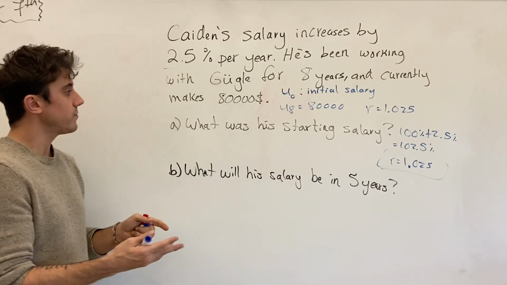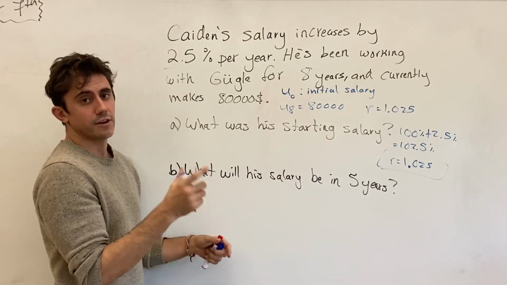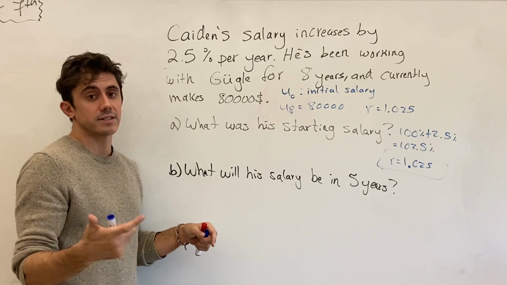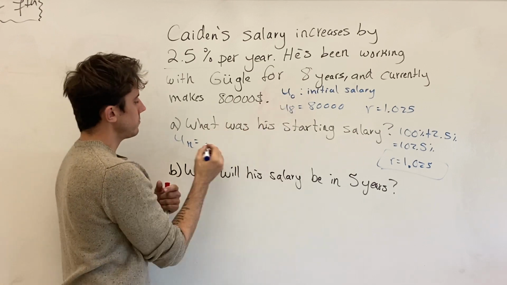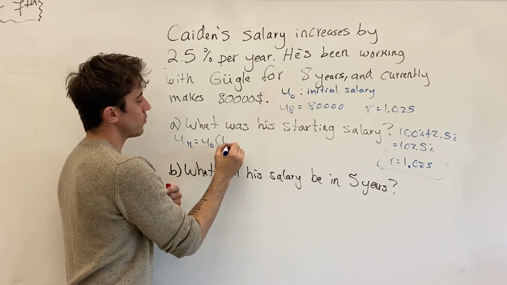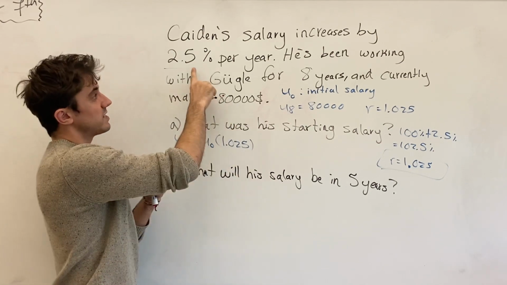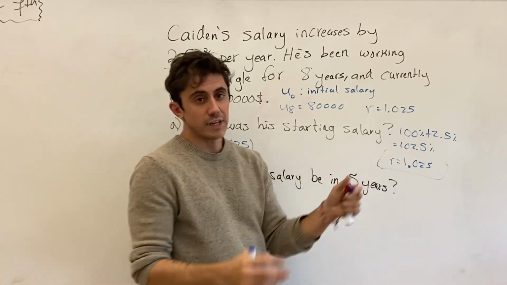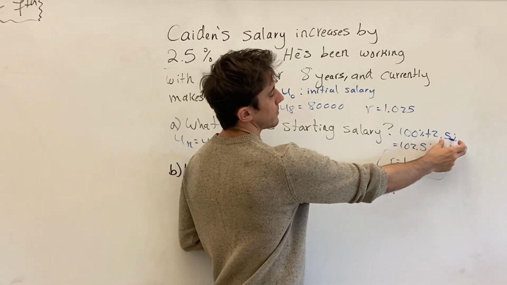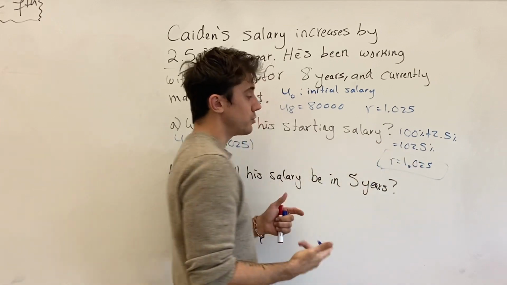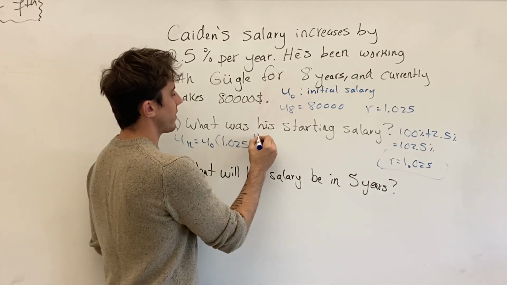That is how much we're multiplying his salary every year so that it increases by 2.5% per year. So we can write our general formula for his salary after n years at the company as Un = U0 times 1.025, the common ratio, to the power of n.